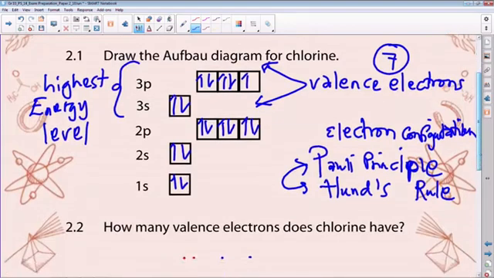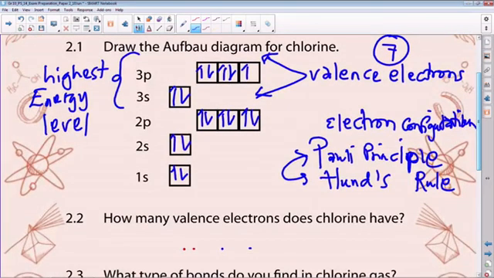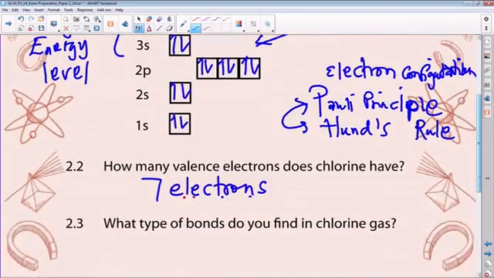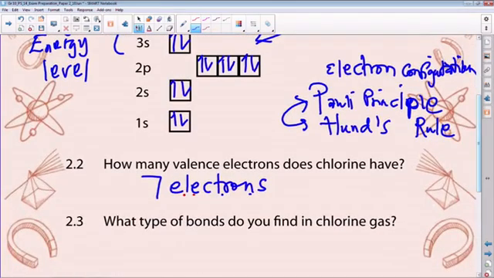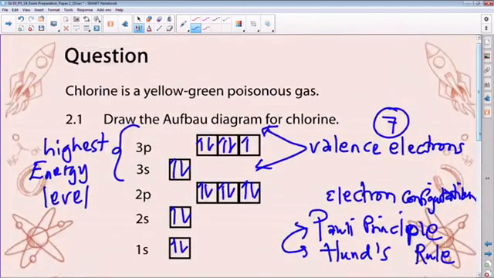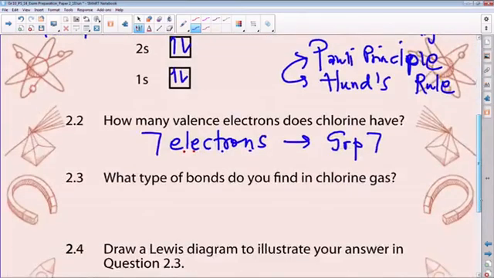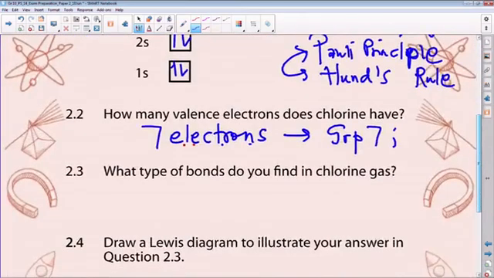Now those are the number of valence electrons. So there are 7 electrons at the highest energy level, right? This also gives us the group in which it occurs, which means it's group 7. However, we also need to understand that this 3 tells us that it occurs in period 3, because there are 3 energy levels.